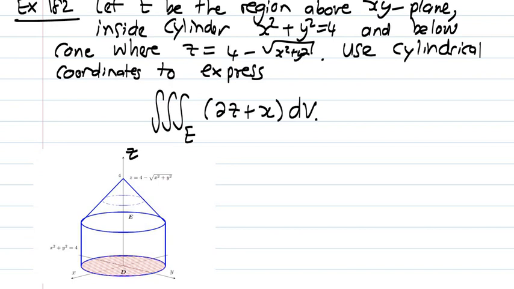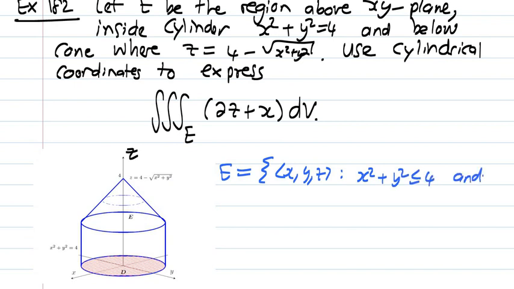And it's quite easy to see that you can describe E using rectangular coordinates. So you can say x, y, and z have to have the following properties. It's got to be inside the cylinder where x squared plus y squared equal to 4, so x squared plus y squared is less or equal to 4.